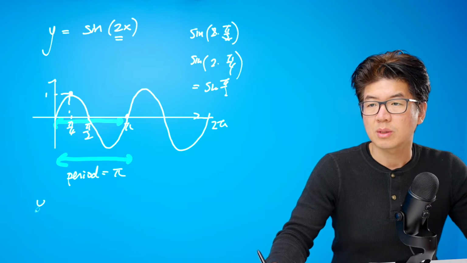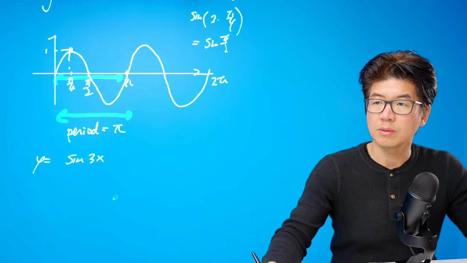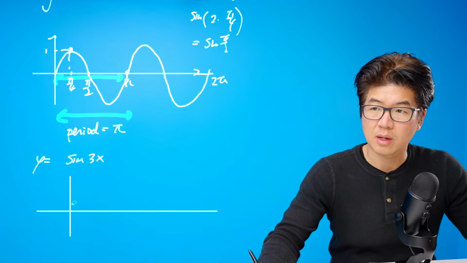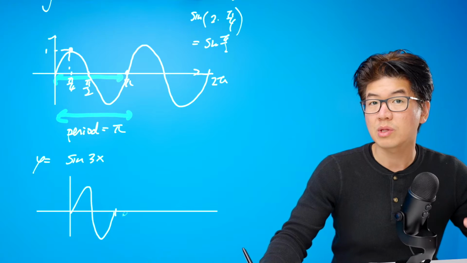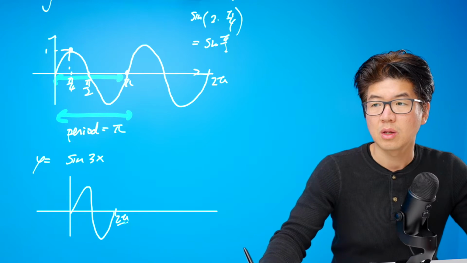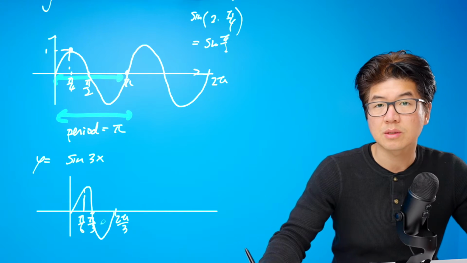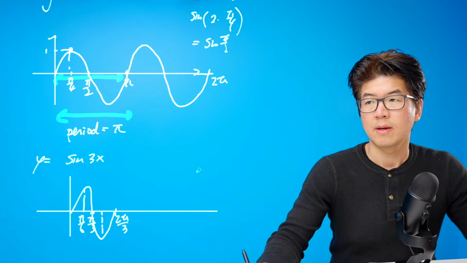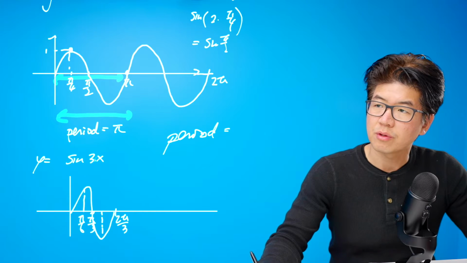So if you have, for example, y equals sine of 3x, what do you think will happen? Well, the graph, instead of finishing at 2 pi, now will finish 3 times as fast. So 2 pi over 3, this will be pi over 3 only, and this will be pi over 6, and so on. Okay, so in general, see this number at the front here?